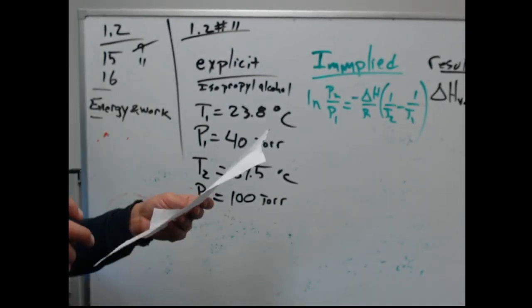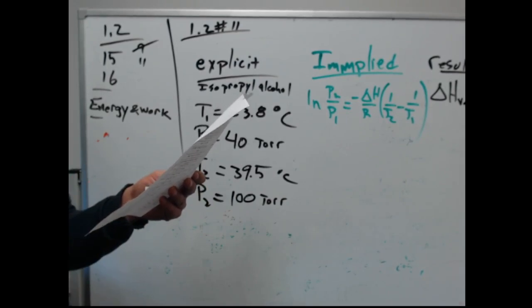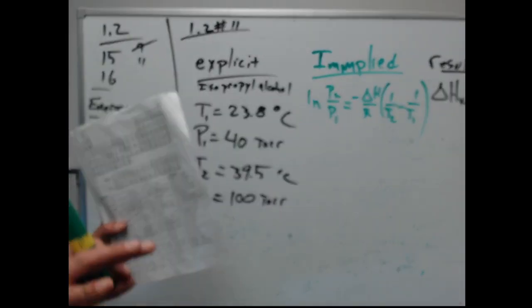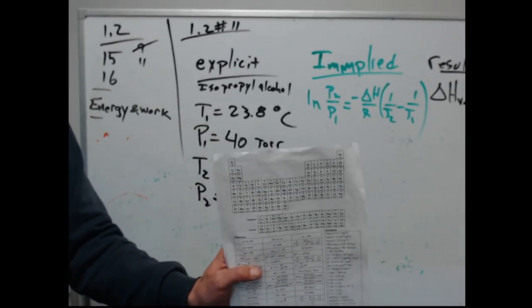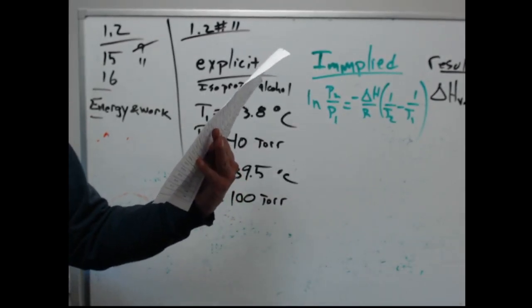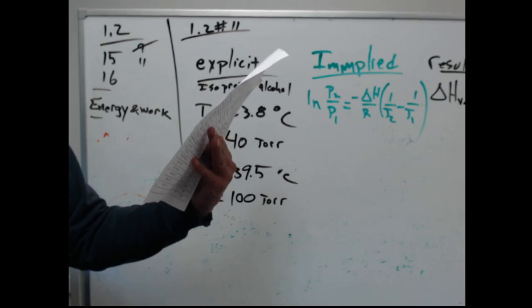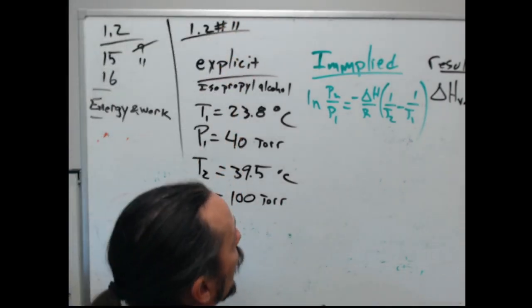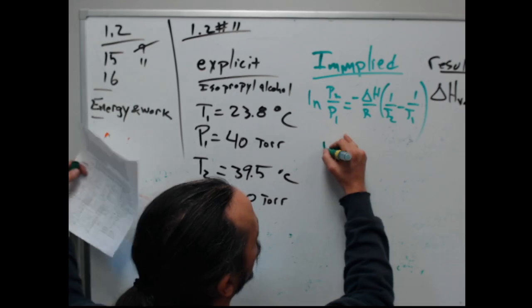R is the ideal gas constant. I have to make sure there are actually two different R's, depending on whether we're talking about energy or about pressure and volume in liters. So this is another thing we have to pay attention to. This is also implied.